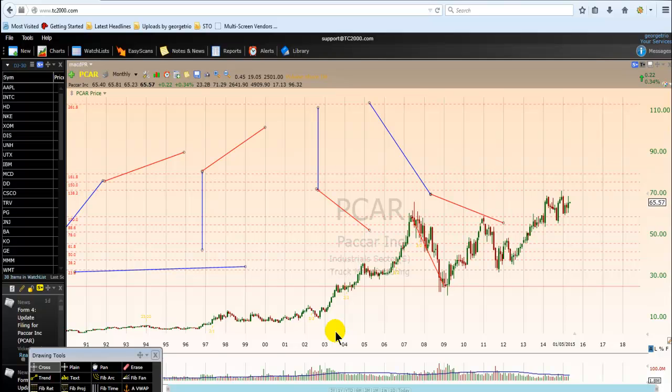What is the correct approach at this point in time, all right? The correct approach is just to wait and see whether we are having an ending diagonal, which brings us now to the internal waves of the ending diagonal.